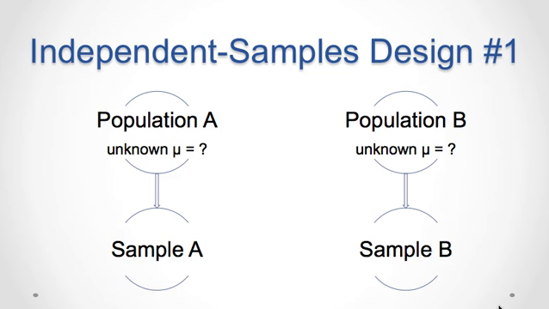Population A consists of students who pay for their college education with financial assistance. Population B consists of students who pay for their college education without financial assistance. Each sample is selected from a different population, so each sample constitutes a different group.